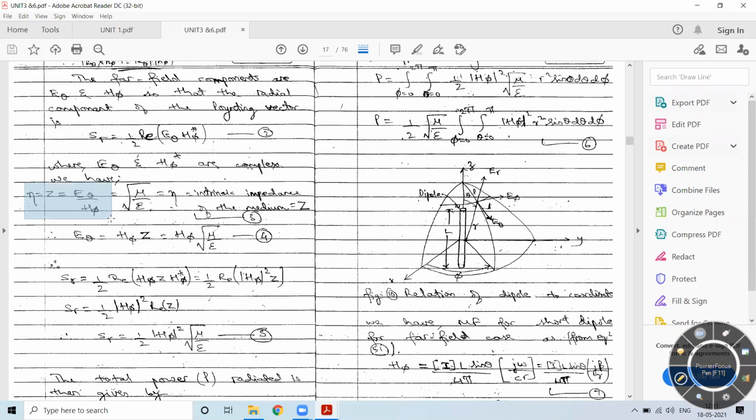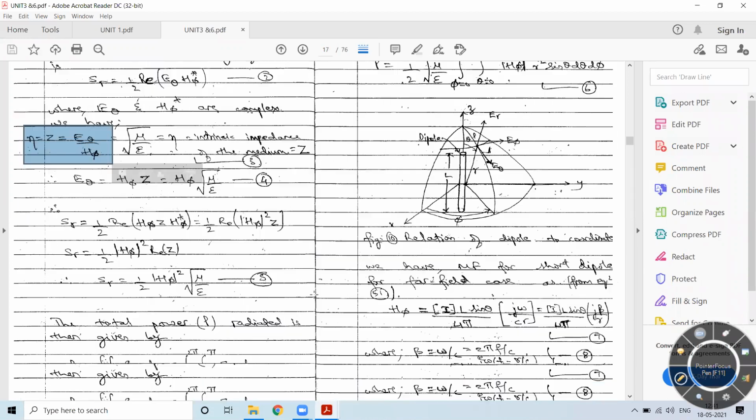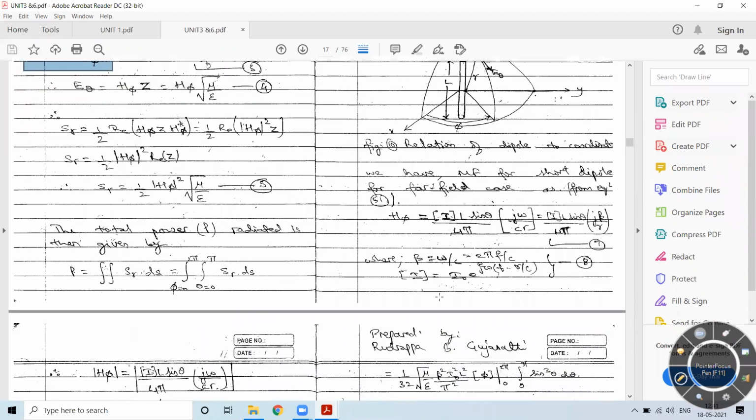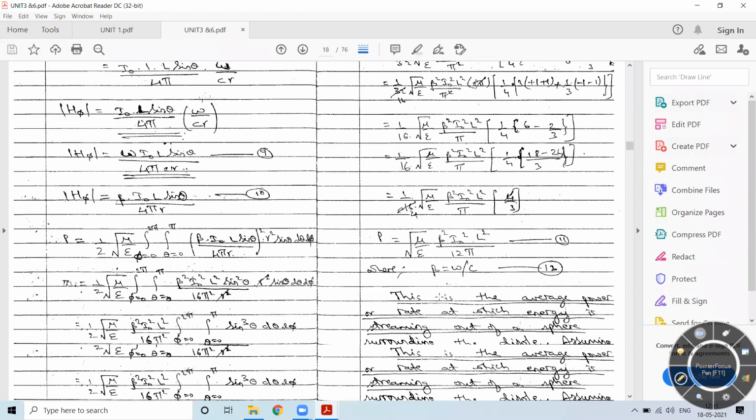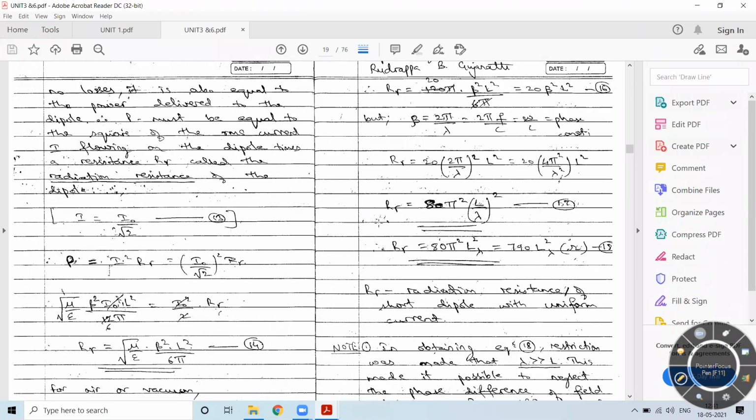Using the intrinsic impedance representation, you simplify the entire equation, and you obtain the radiation resistance for the short dipole, which is 80 pi square into L square divided by lambda square. This you had considered for the short dipole.